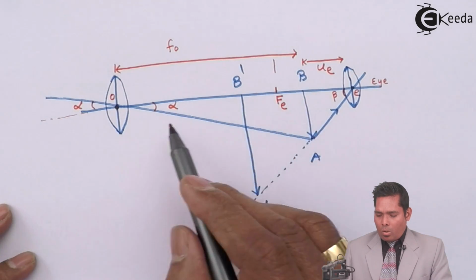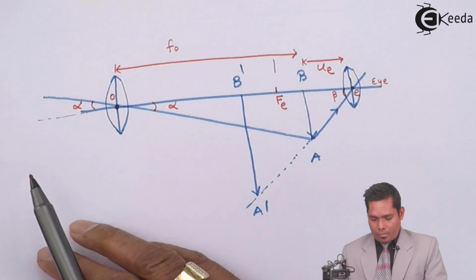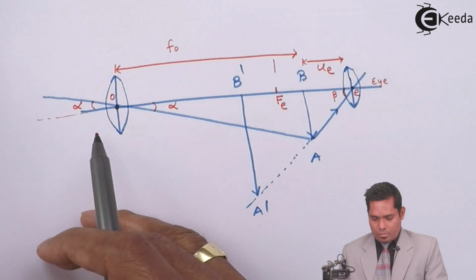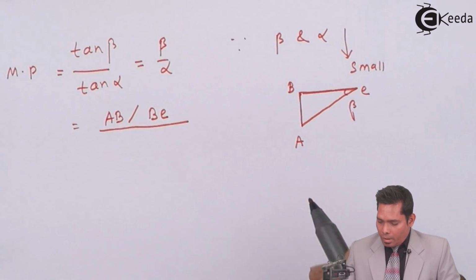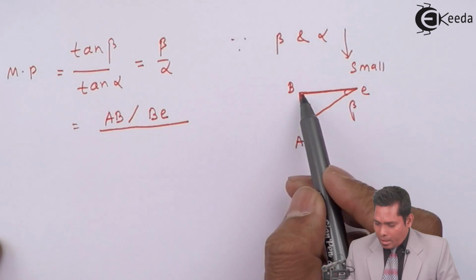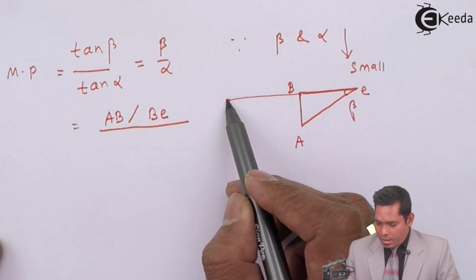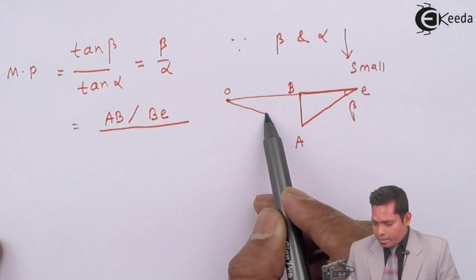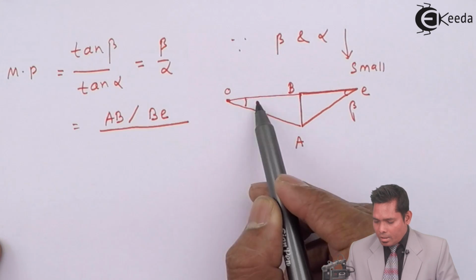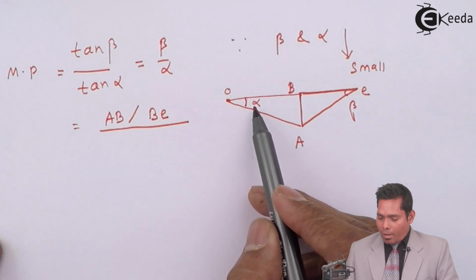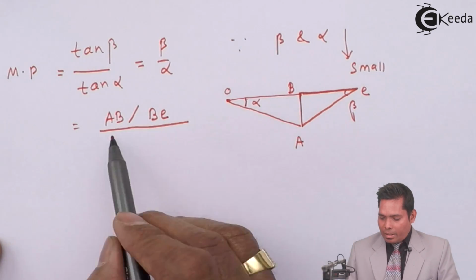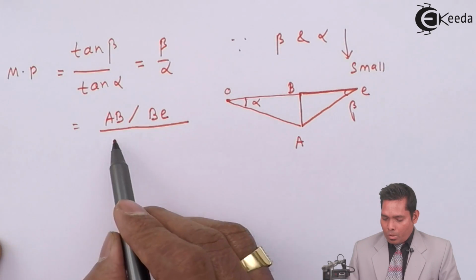So ABO is something like this, AB, and somewhere O is here, and like that. This angle is alpha. So I will write tan alpha from this triangle, it is AB divided by BO.